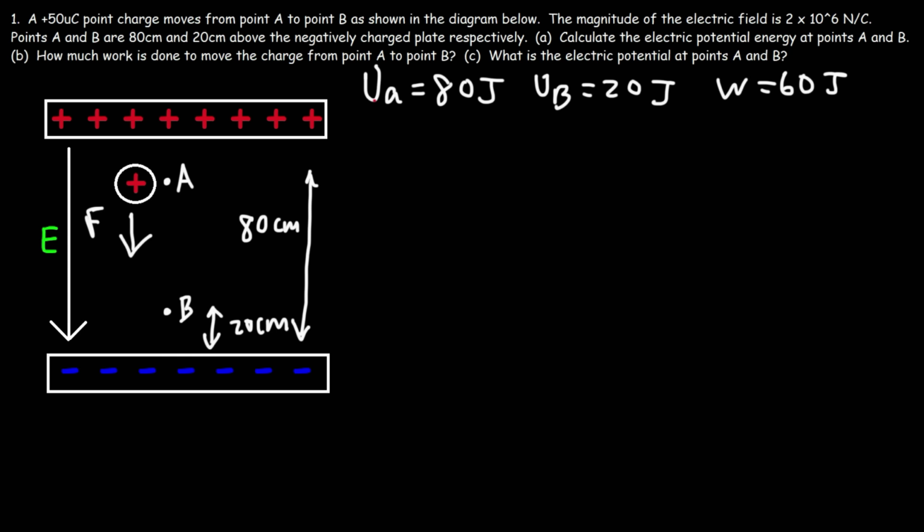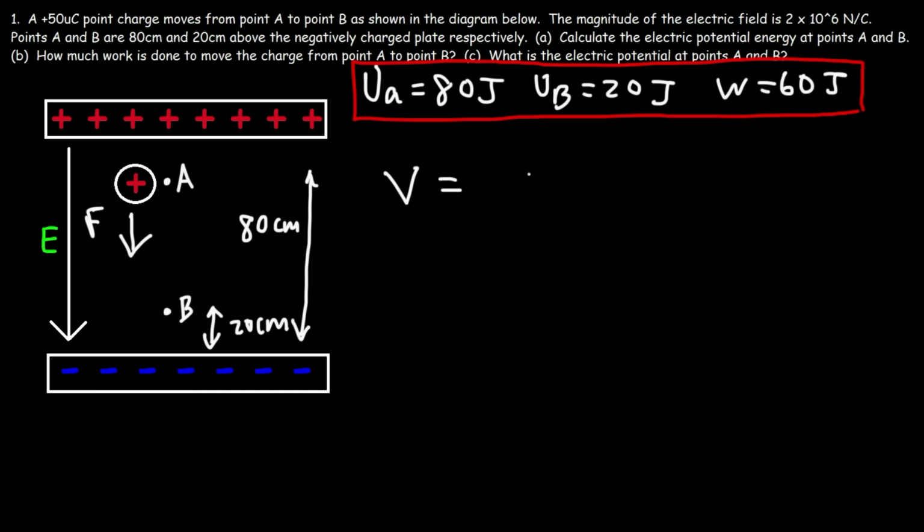So with this information and everything else that we know, how can we determine the electric potential at points A and B? The electric potential is equal to the electric potential energy divided by charge. So make sure you understand that.